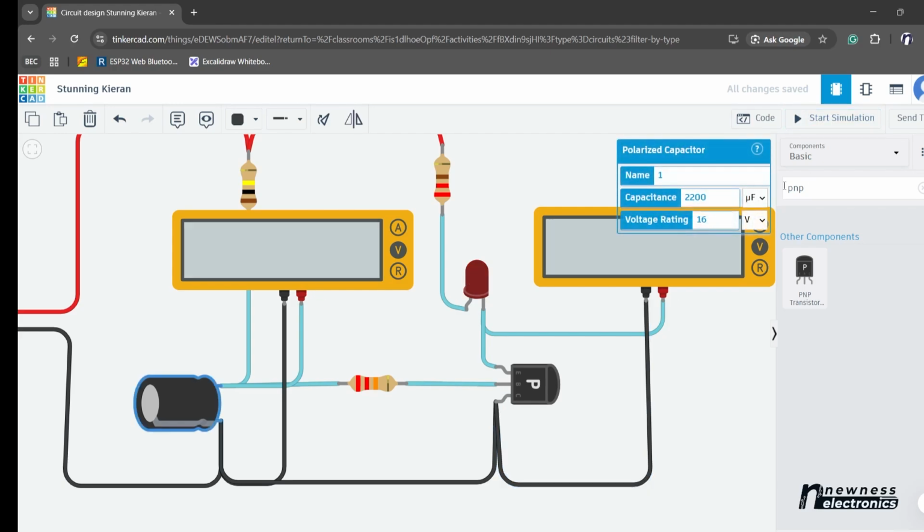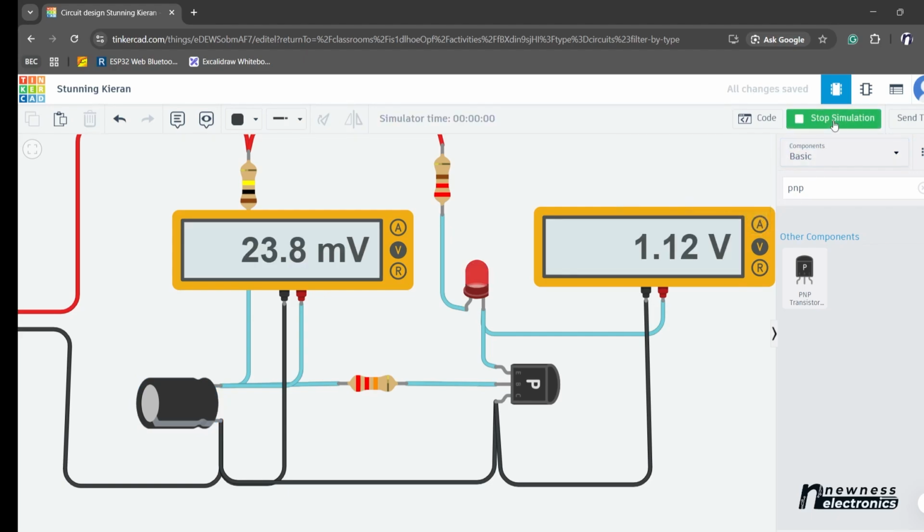So to shorten our simulation time, let me just reduce this back to like 1000 and start simulation. So you see now it's almost off.